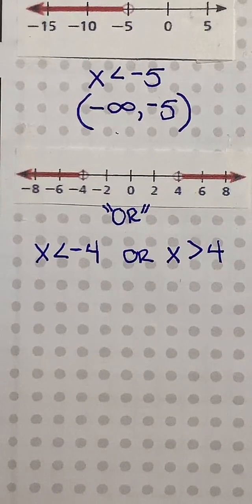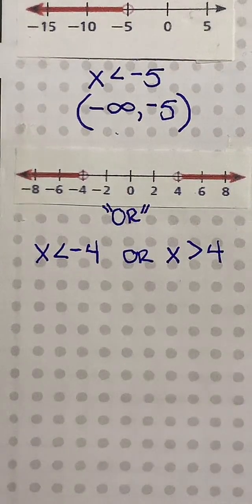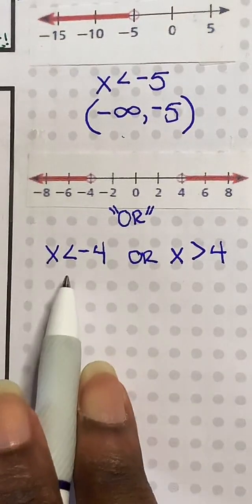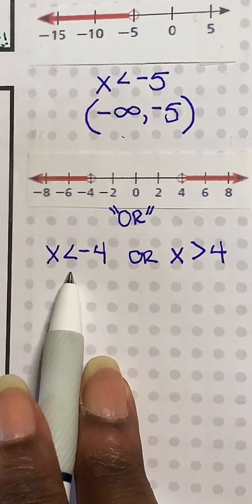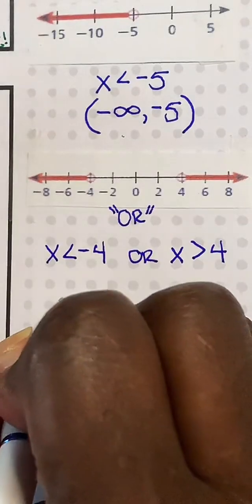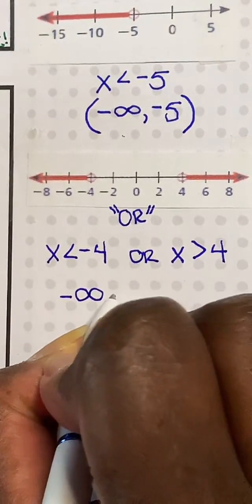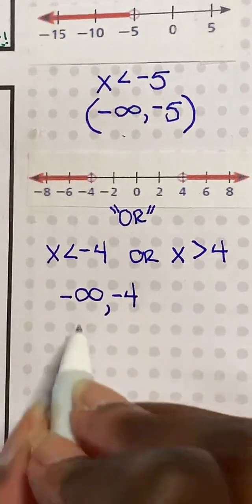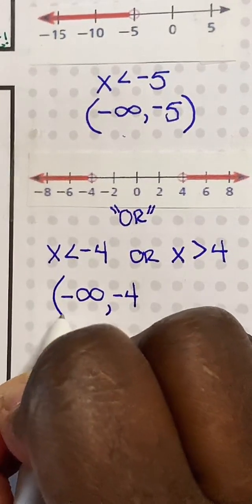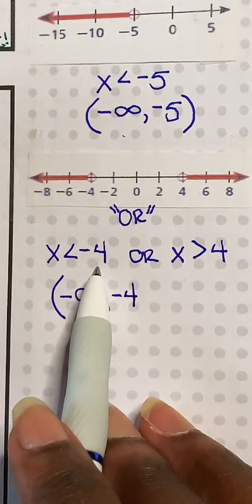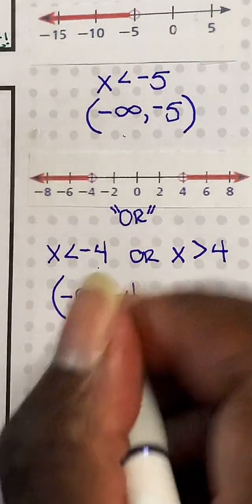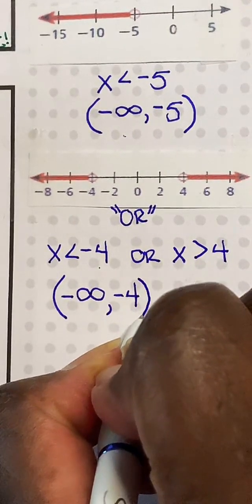So we kind of introduced ourselves a little bit to this with the union. This one we're looking at from -infinity all the way up to -4. And -infinity always gets a parenthesis. And since -4 is not included, that's also a parenthesis.